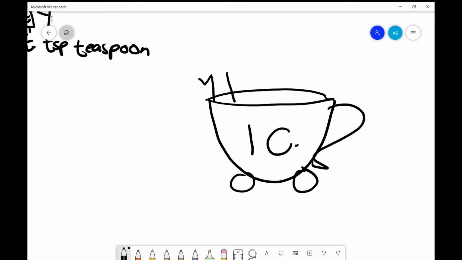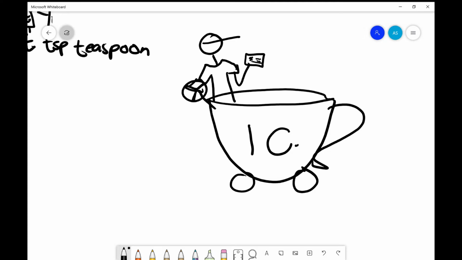And Tab is pretty cool because Tab just turned 16, so he gets to drive. Here's our little steering wheel. He gets to drive this teacup. He's pretty cool. And he has his little driver's license that has a little picture of Tab and information. So he's got his driver's license because he is 16.